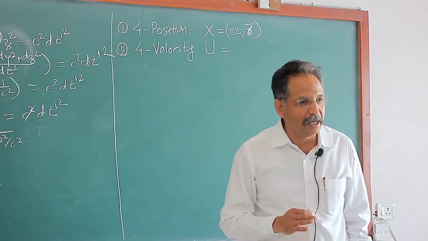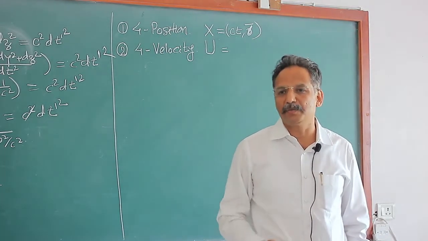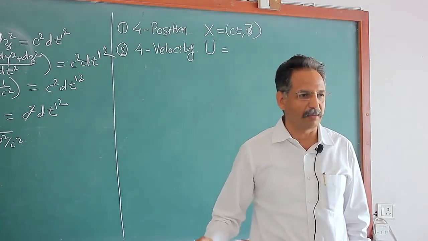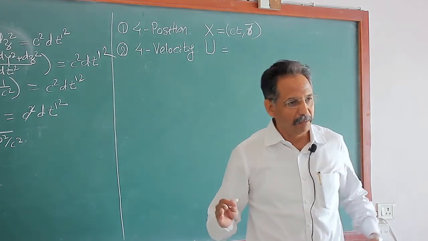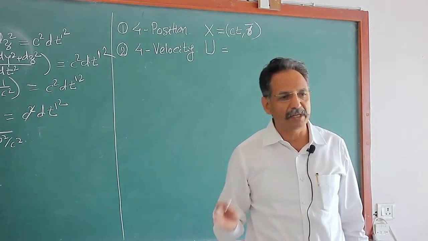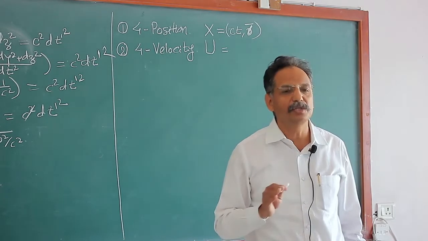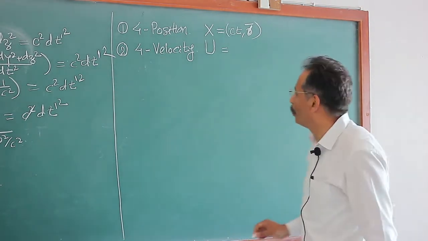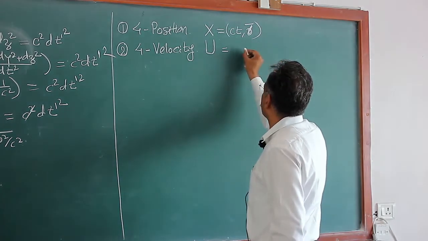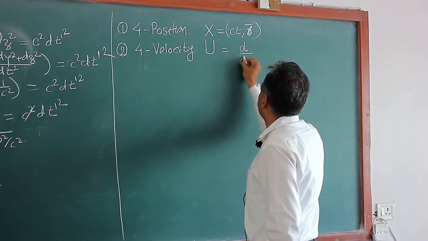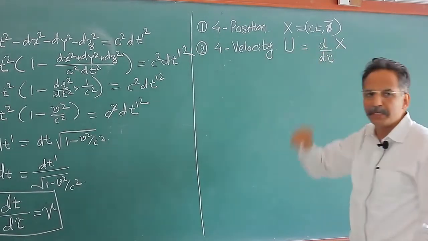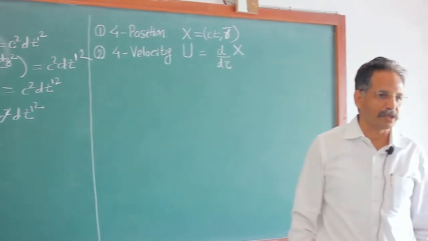Proper time is a quantity which all inertial observers can agree upon. It's not normal time. Everybody will have different times in their different frames of reference, but the definition of proper time is universal for all. So I want to differentiate position with respect to proper time. So dX by d tau will represent velocity.